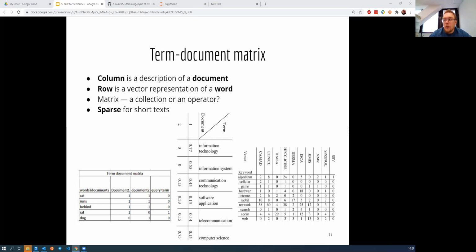And if you remember the linear algebra course, or maybe you have some intuition about this, matrices can be thought of in two ways, maybe more, but let's think about matrices in two ways. First, usually it's thought of as a collection of vectors. So you can either see the collection of rows or the collection of columns.